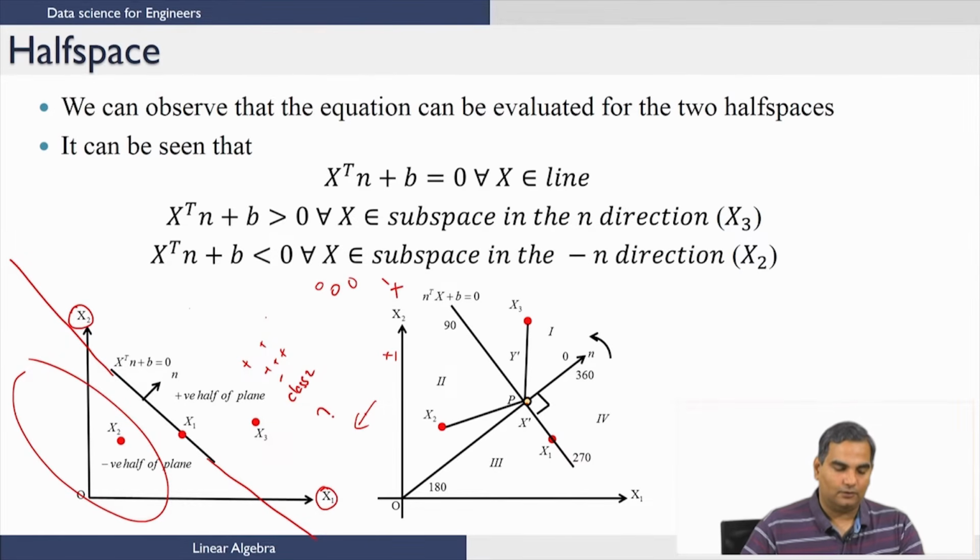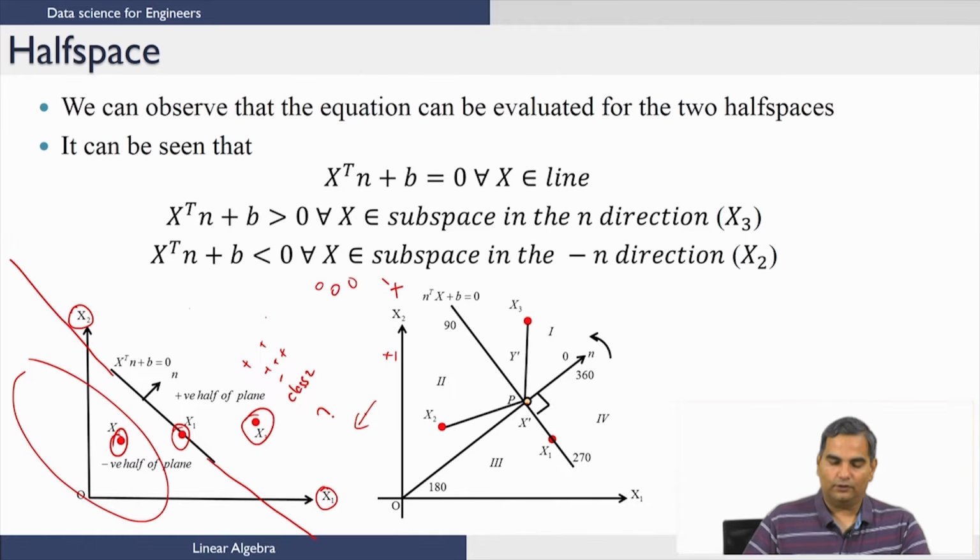To understand this, we are going to take 3 points as shown here, x2, x1 and x3, and ask how I distinguish whether the point is on the line or in one half space or the other.